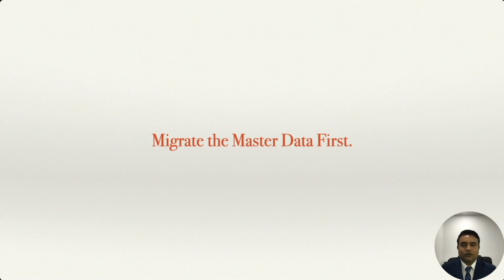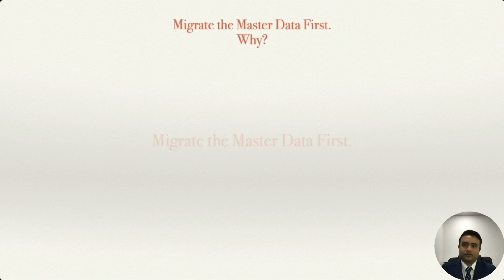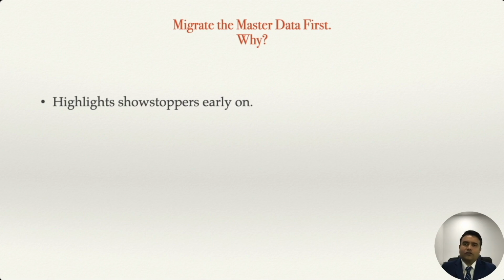Let's look at the advantages of migrating the master data first. First of all, when you do data migration, you map your source system, or the source data structure, with the data structure of the target system. Now, the new system can have new business processes and new data structures, which are completely missing from the source system.